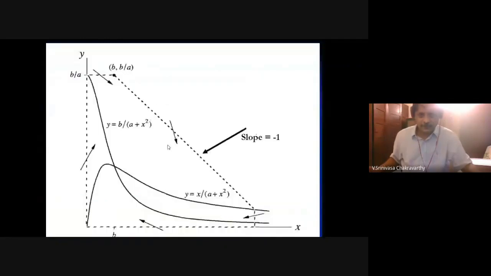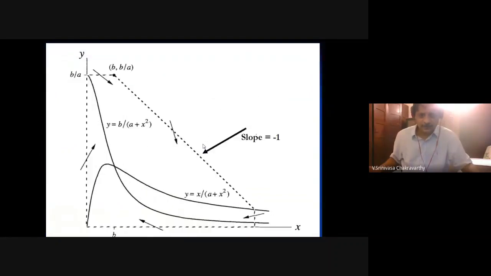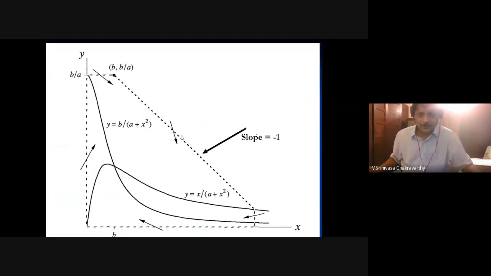Now y dot is negative here, so minus y dot means the magnitude of y dot. And x dot is positive. Therefore, the magnitude of x dot is less than the magnitude of y dot. This vector has two components: the x component is rightwards, and the y component is downwards.